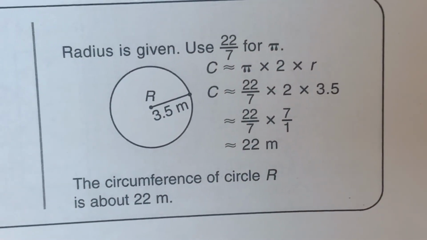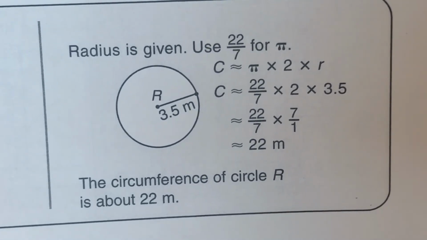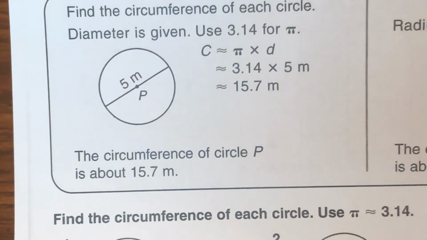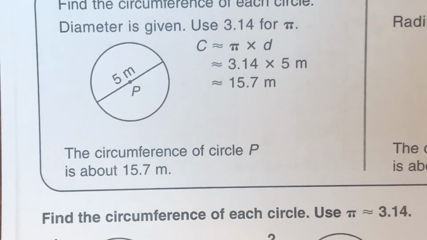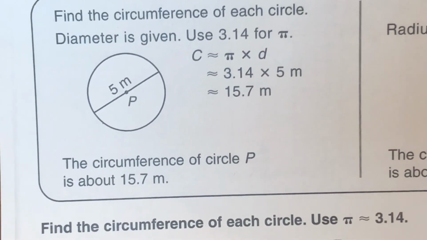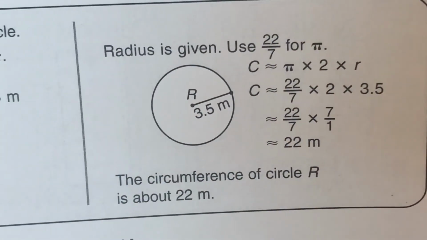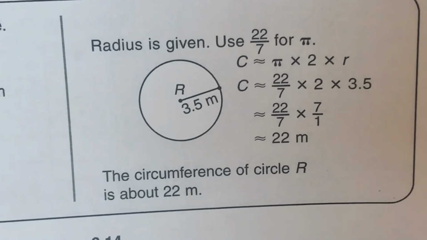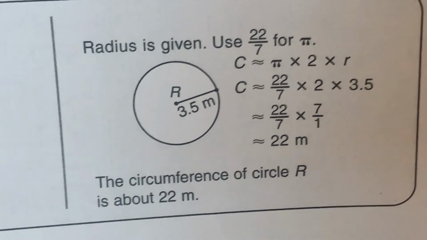It doesn't matter whether you use 3.14 or 22/7, it's the same formula across the board. If you have the radius, pi times 2 times radius. If you have the diameter, pi times diameter. Once you write down the formula for whichever one you're working on, all you're doing is plugging in numbers. So use those at the top to help you too.